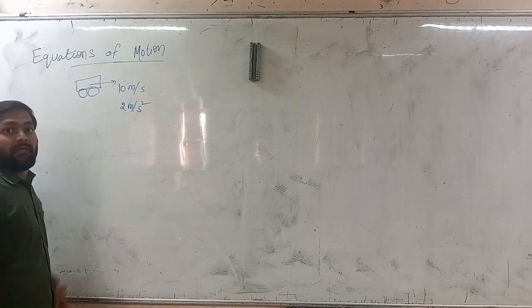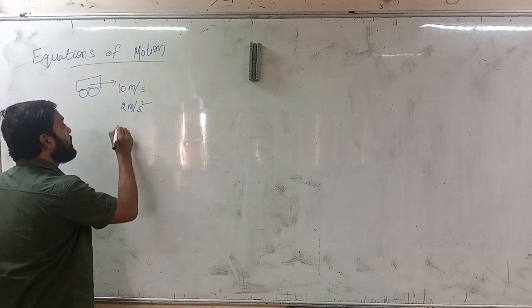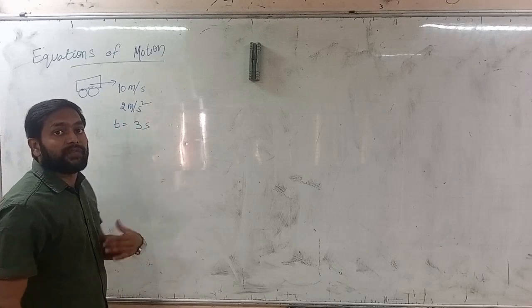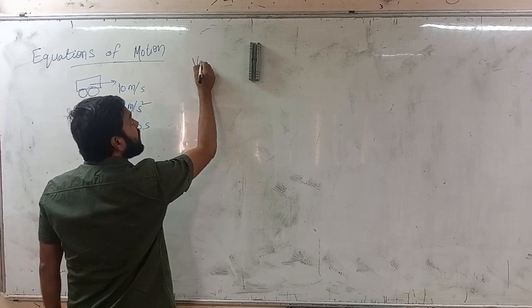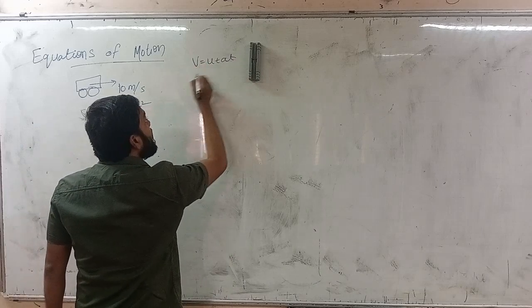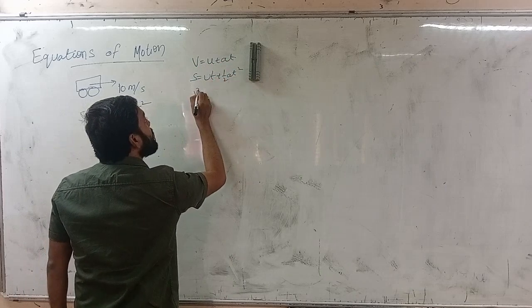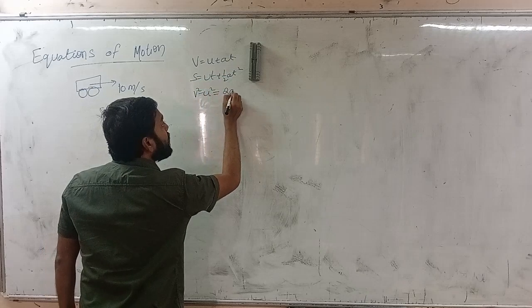Find the velocity at time t equals 3 seconds. Which formula should we use? We have three formulas: V is equal to U plus AT, S is equal to UT plus half AT square, and V square minus U square is equal to 2AS.